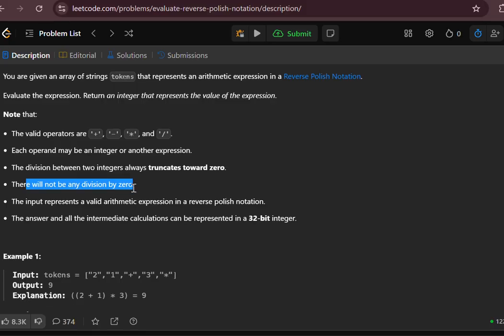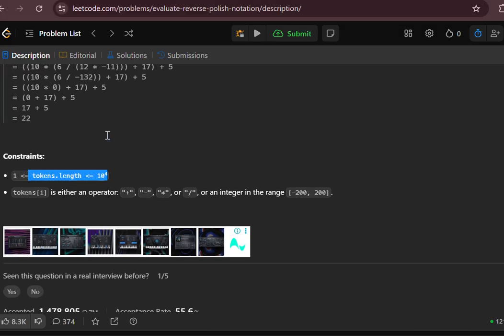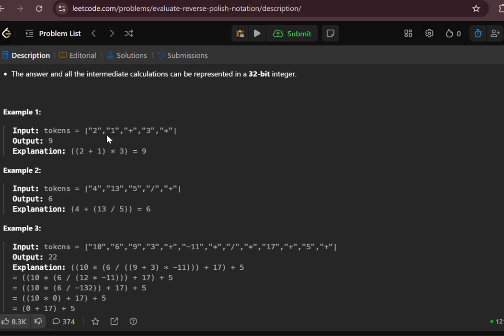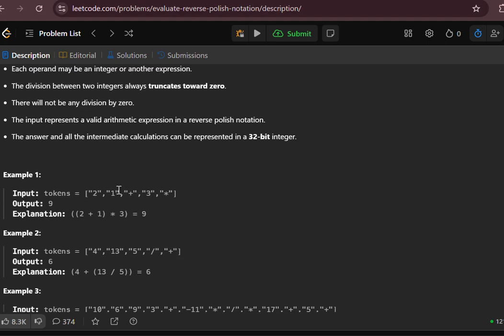So let's check the constraints first. The token length is between 1 and 10 to the power 4. That's pretty nice. You have probably guessed what we are going to do: we will use a stack. We iterate over this array, pushing the operands, like 2 and 1, into the stack.